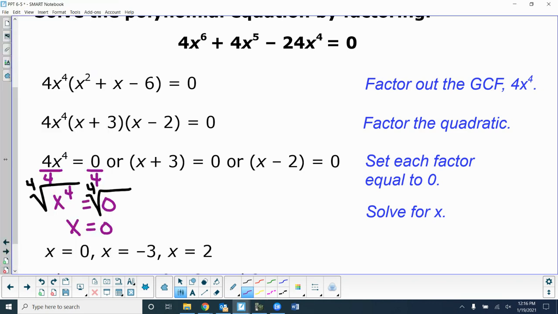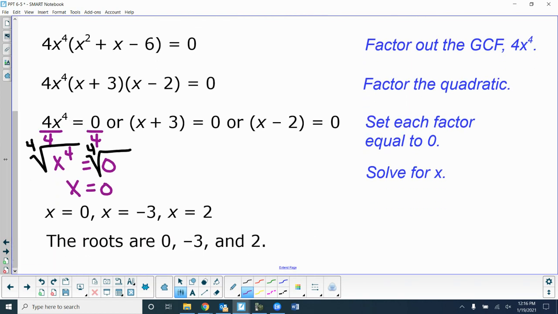So it looks like this. That's called the index. Okay? We don't put a 2 there when it's square root. If there's no number there, we know that it's square root. So once we put a number there, like a 3 or 4 or 5, it's 3rd or cube root, 4th root, 5th root, whatever. Okay? Just something to help you out. Okay?